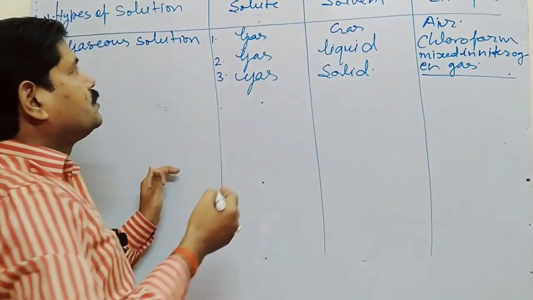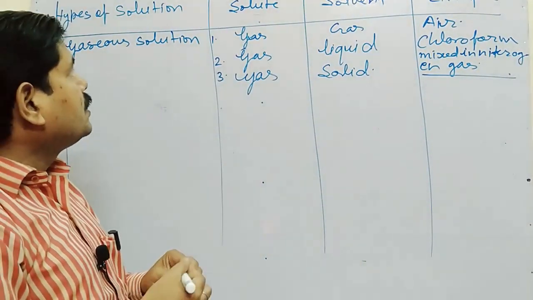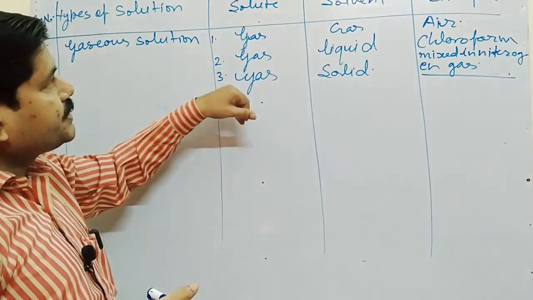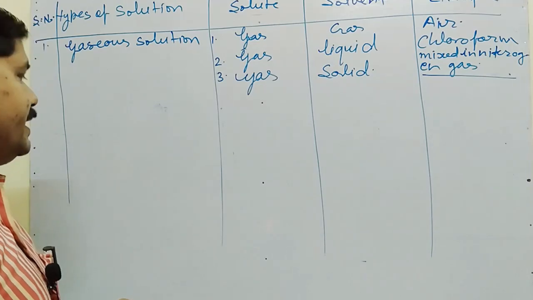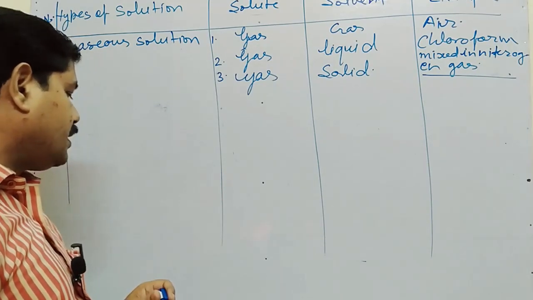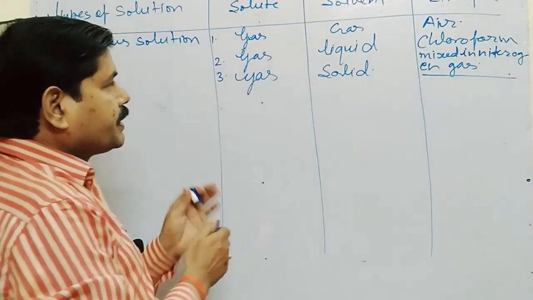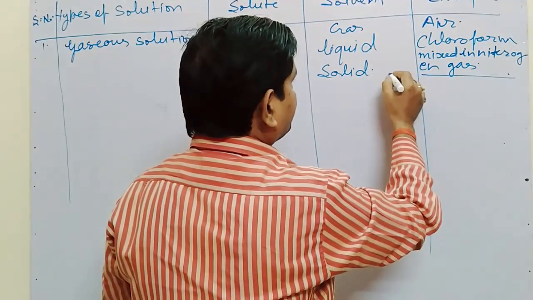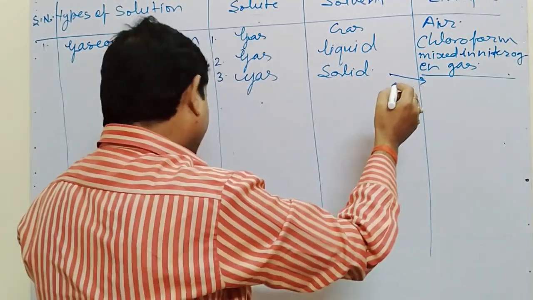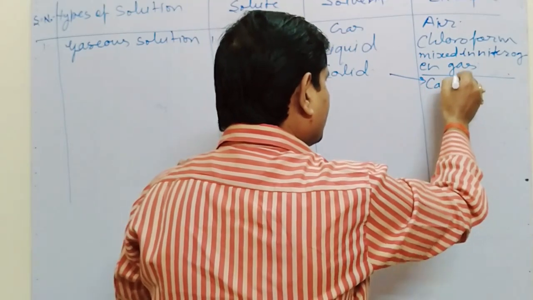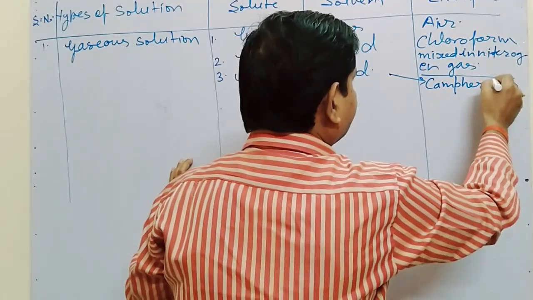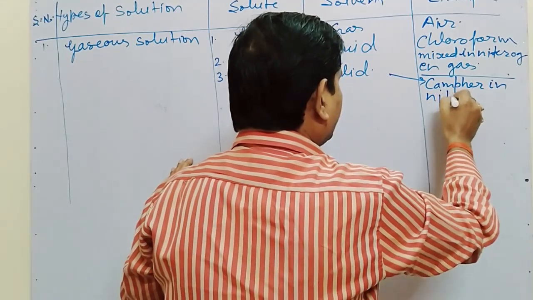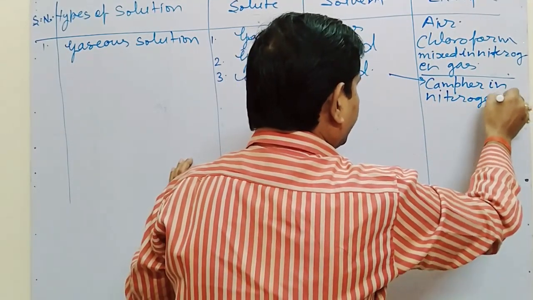In this type the solute is gas and the solvent is solid. The example is camphor in nitrogen gas.